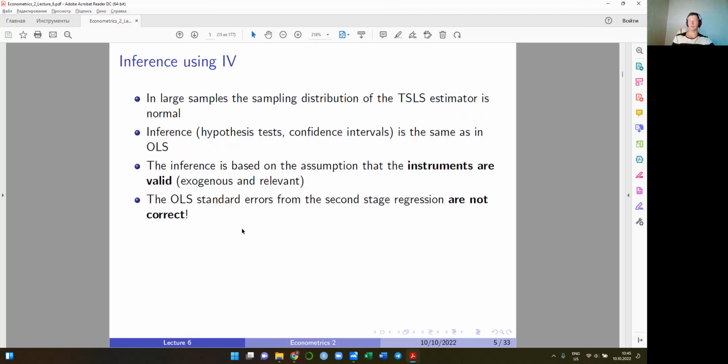But there is one important issue. Once you perform inference, you really need to know standard errors. Again, going back to Econometrics I, we said that standard errors are the estimates of the variance of our estimator, and these standard errors can be estimated in different ways. So we used heteroscedasticity robust standard errors because they are able to capture the heteroscedasticity of the error term.